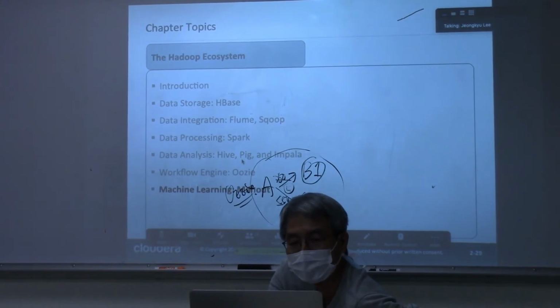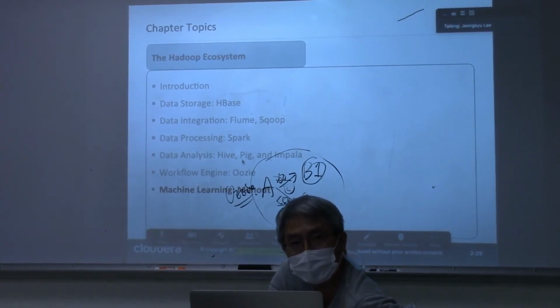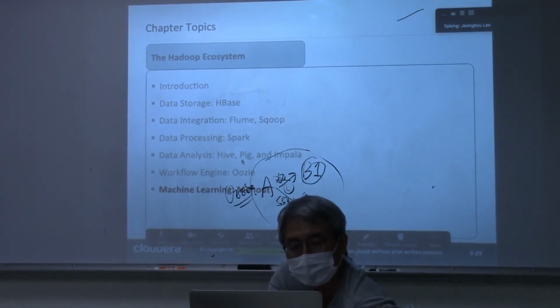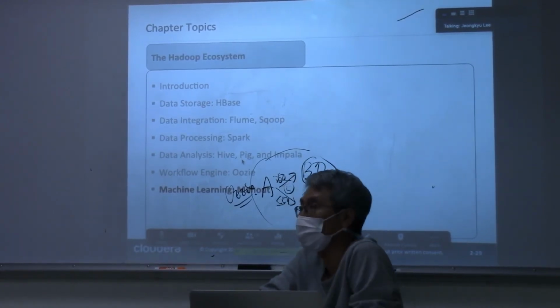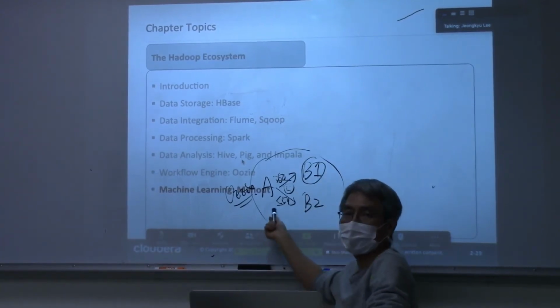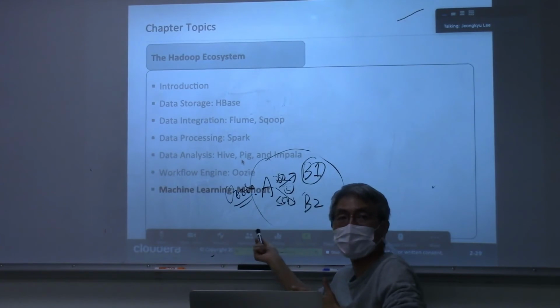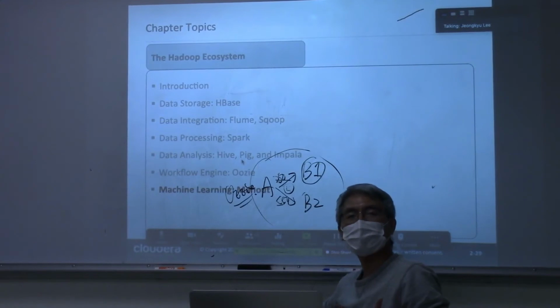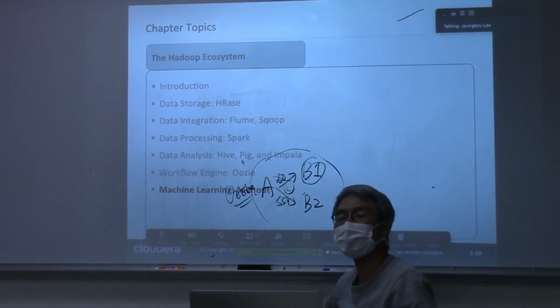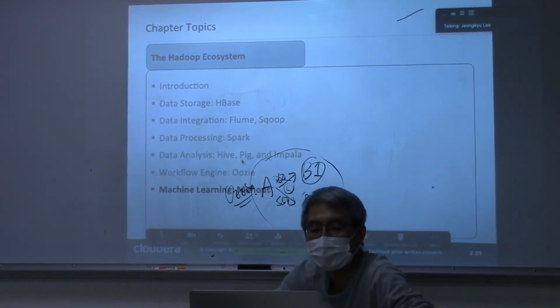The last one is Mahout. I heard that Mahout is the name of a philosopher in India, but I'm not sure. Mahout is the Hadoop ecosystem component for machine learning, but the data should be in HDFS. When you have data in the HDFS Hadoop system and want to employ machine learning, like classification, clustering, regression, or a recommendation system, you can use this machine learning library.